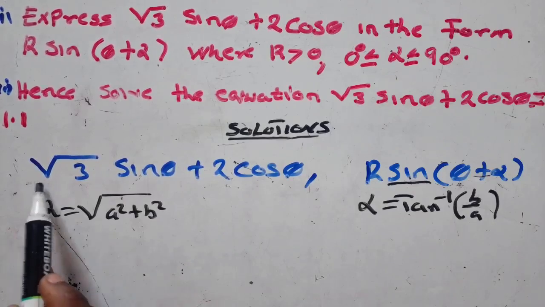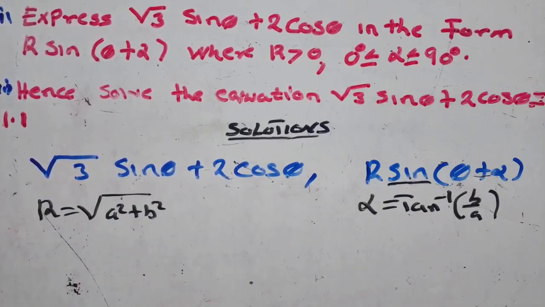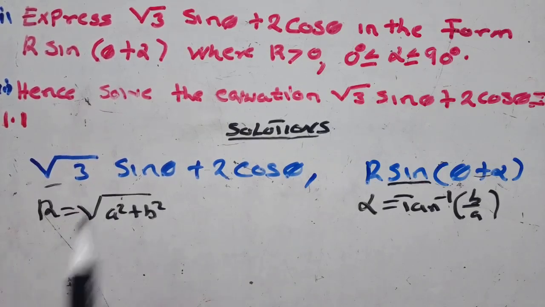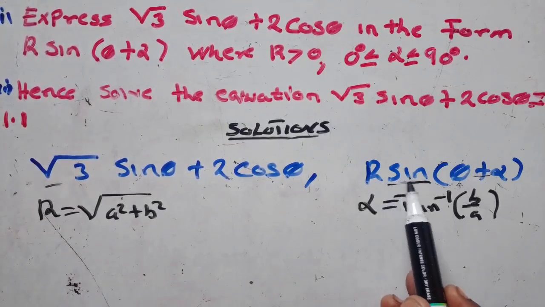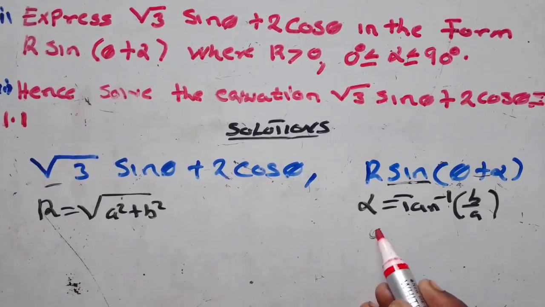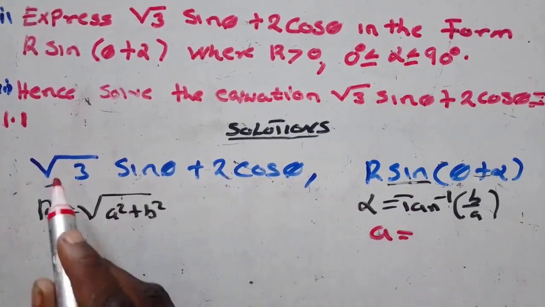So which one is our coefficient for sine theta? Root 3 is the coefficient for sine theta. Since here there is sine, the coefficient of sine will be our a. So our a will be the coefficient of sine, which is root 3.